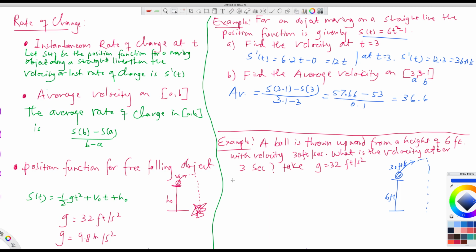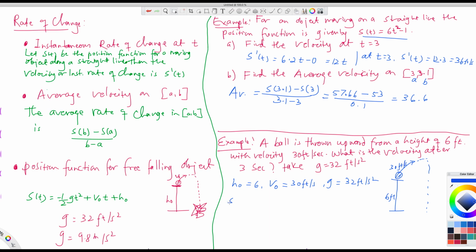So what is given? h0 is given as 6, and the initial velocity v0 is 30 feet per second. Also g, the acceleration due to gravity, is given as 32 feet per second squared.